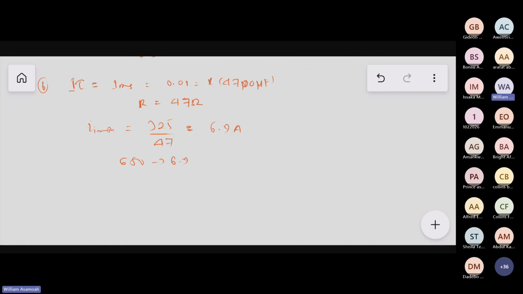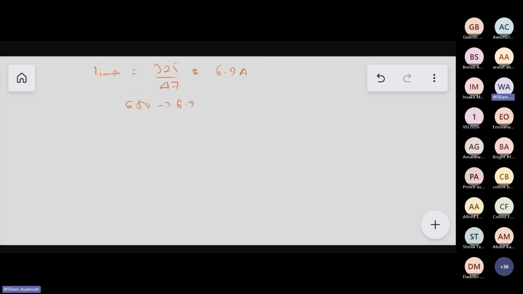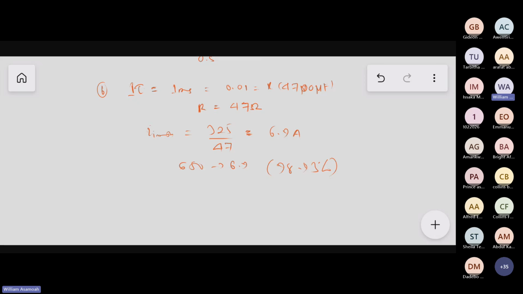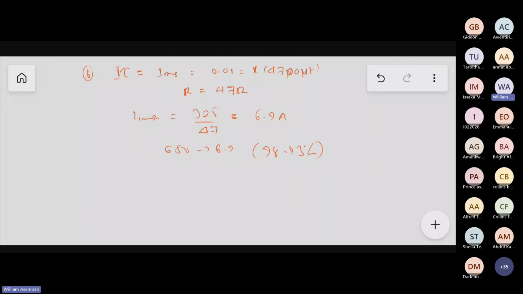Let's pick on that. What will it be? Percentage reduction will be what? 98.93%. Okay, great.